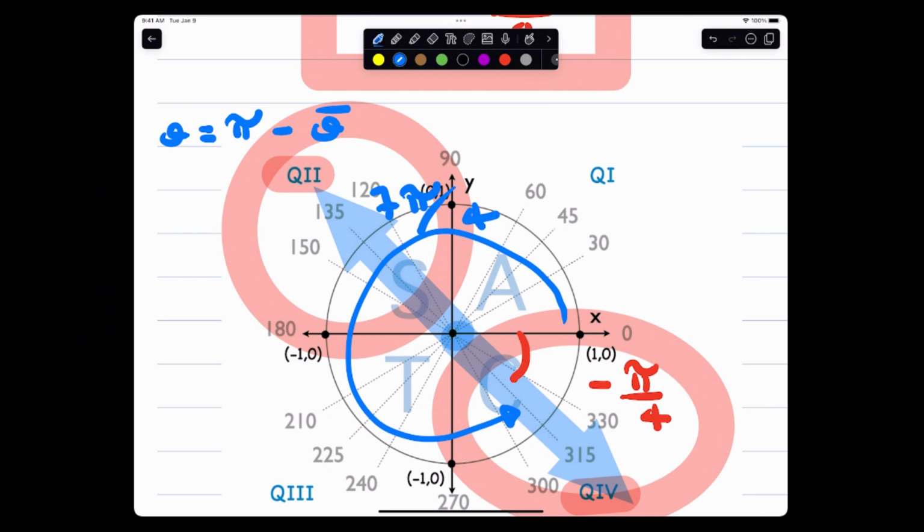Do you guys remember that equation? That's for quadrant 2. Pi minus the reference angle. Is that true? You say, well, what's the reference angle? Like, all of that information is back. I thought I got to use my calculator. Well, what's the reference angle?